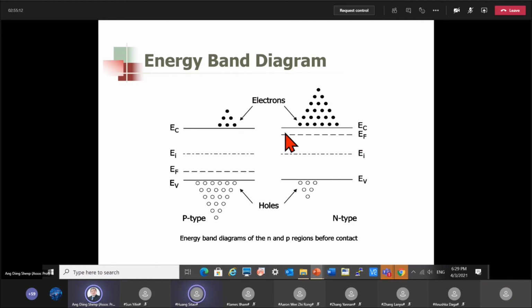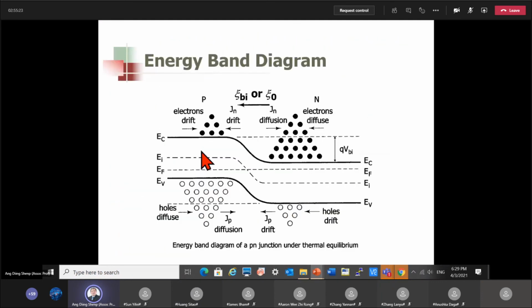As a result of the charge transfer, the N side has a positive space charge region. So that will make the N side more positive with respect to the P, and therefore, the band diagram on the N side will shift down relative to the P.